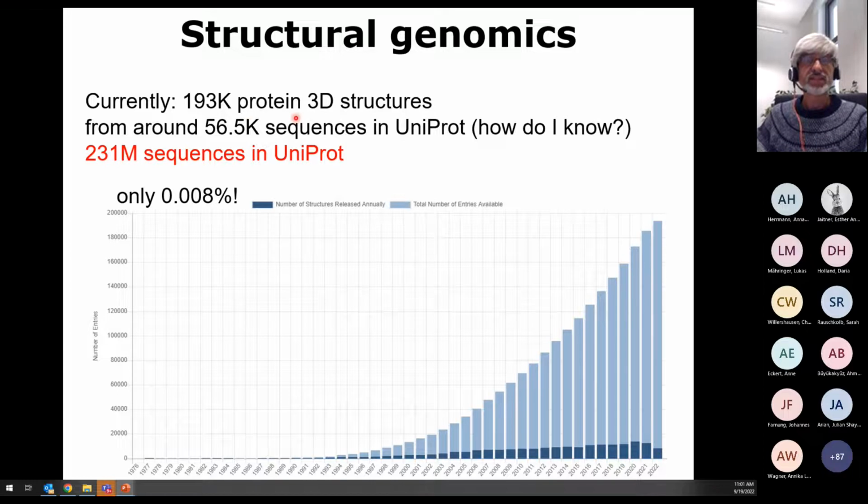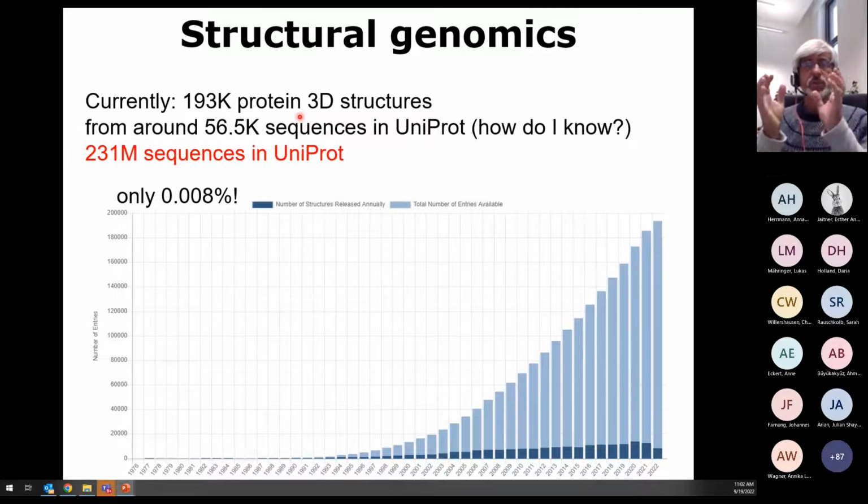But for structures, it's not so easy to obtain the structures. You have to really get the protein and have a bit of luck, and the cost and the time that you have to invest is very, very high. So what to do? What is the solution? And we have seen a bit already what the solution is.